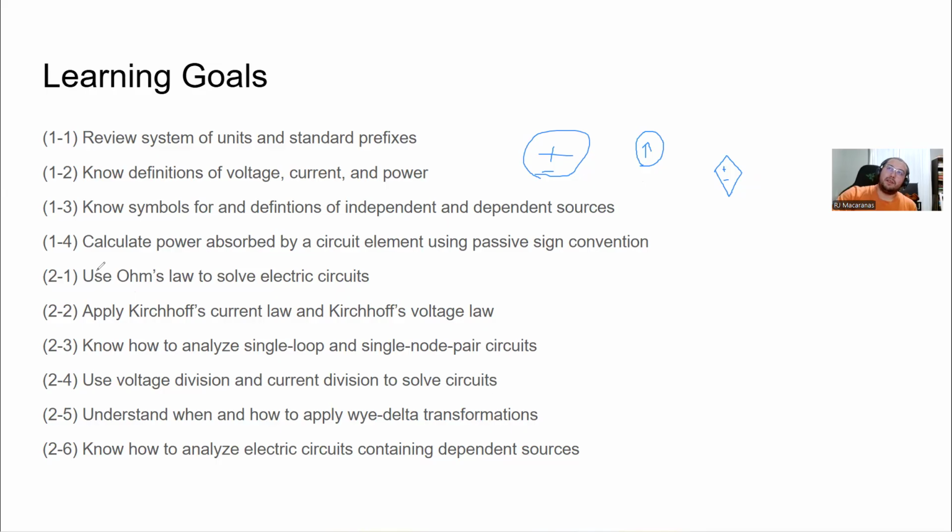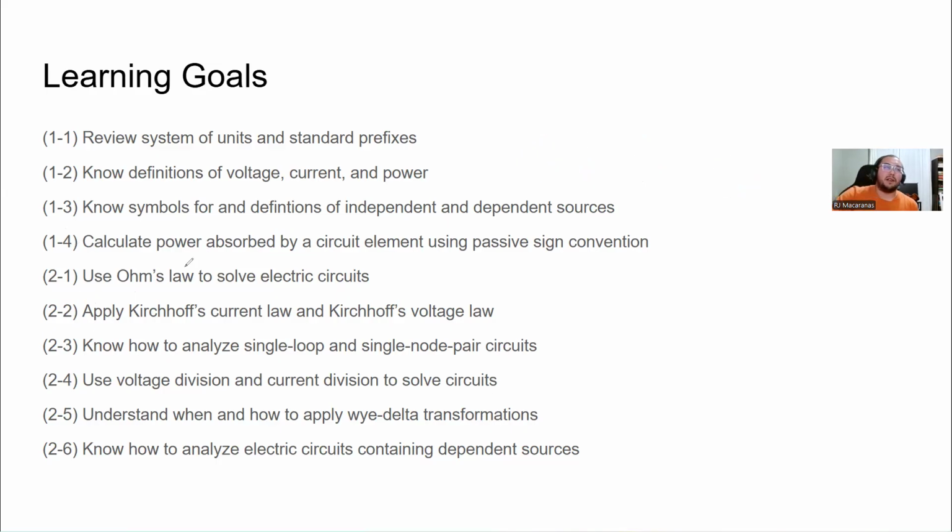Dependent sources tend to come up more in the study of transistors, where they're used to model different aspects of the transistors. So we'll get into looking at dependent sources once we get to later chapters, or even if we look at electronics in the future together here.